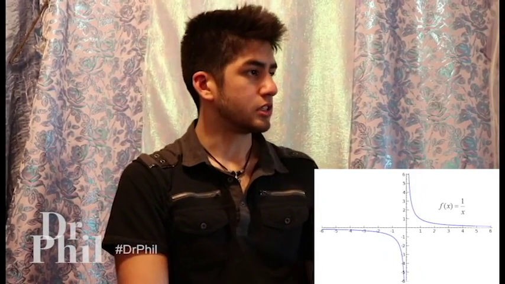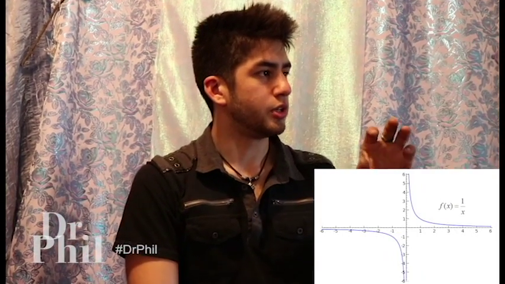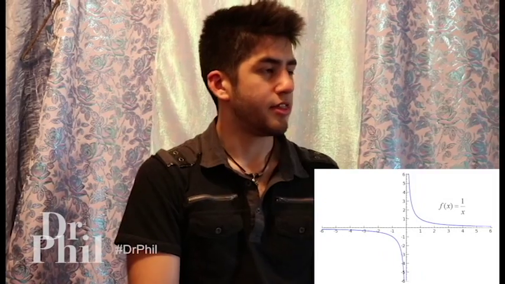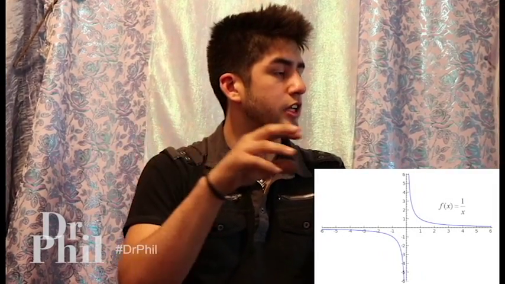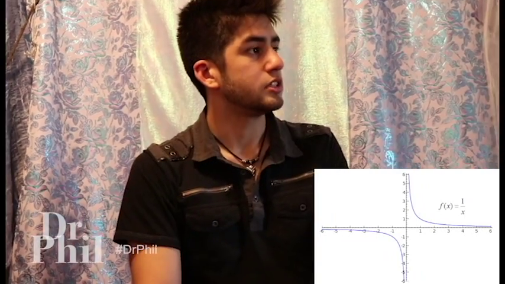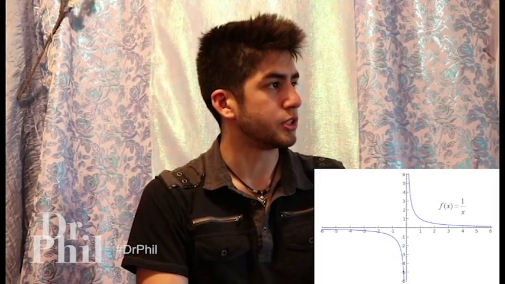So you replace the x with infinity. You basically got one small number over a really, really big number. That makes it 0 for both positive and negative infinity. So we have a horizontal asymptote at y equals 0.